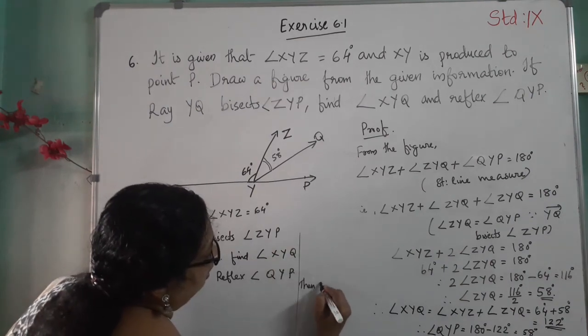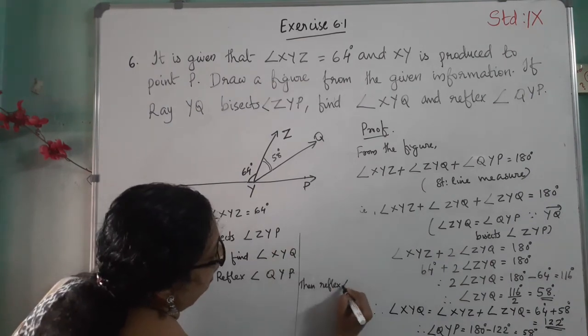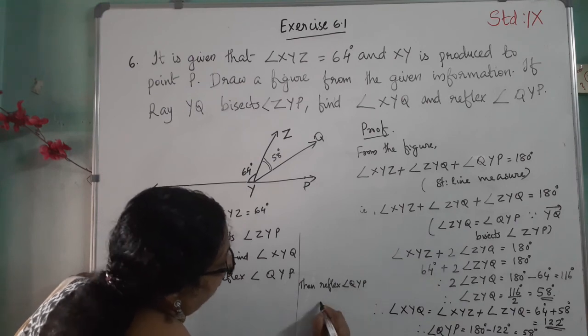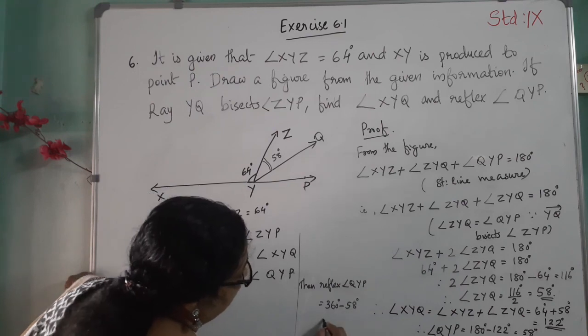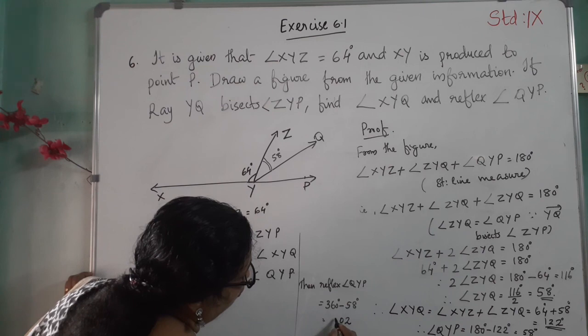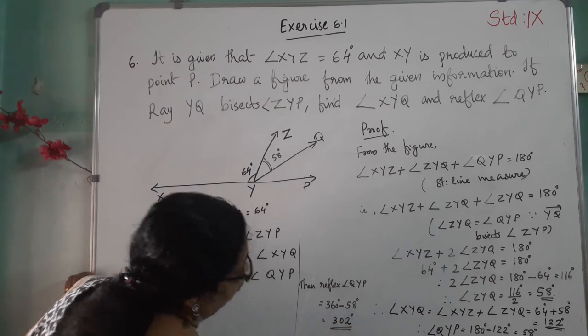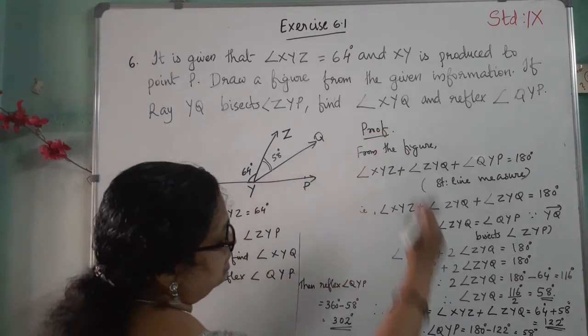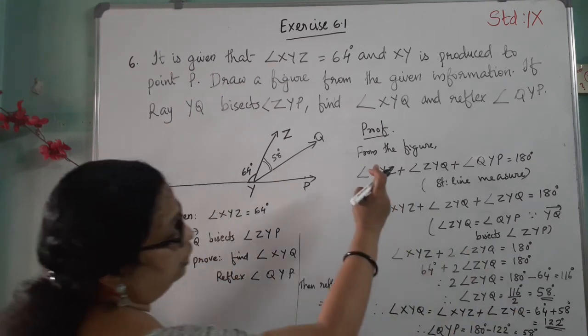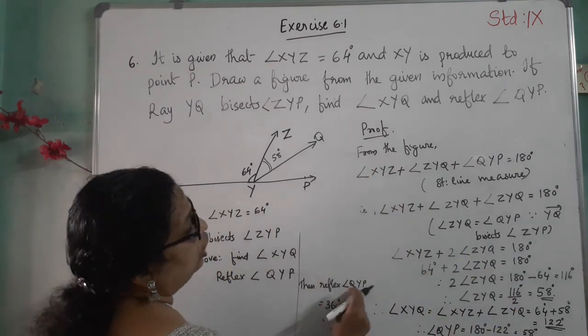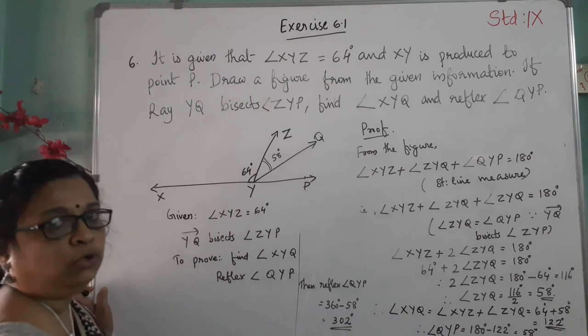Then reflex angle QYP equals 360 minus 58 degrees, that equals 302 degrees. So angle XYQ equals 122 degrees and the reflex angle QYP is equal to 302 degrees.